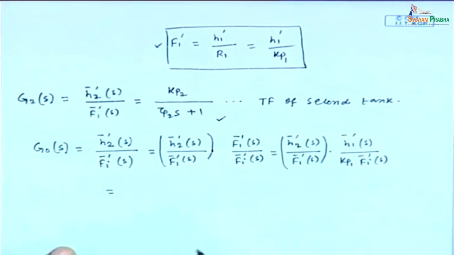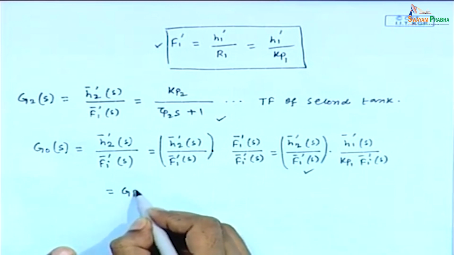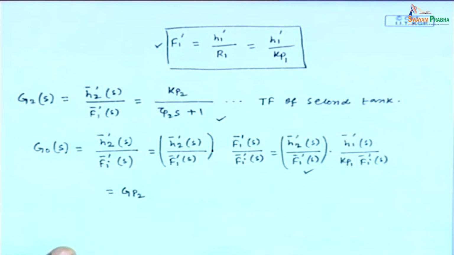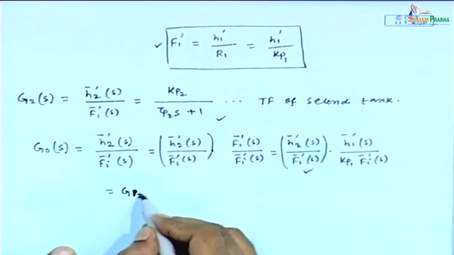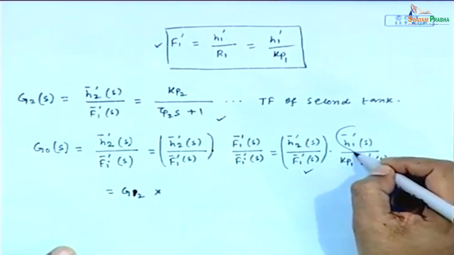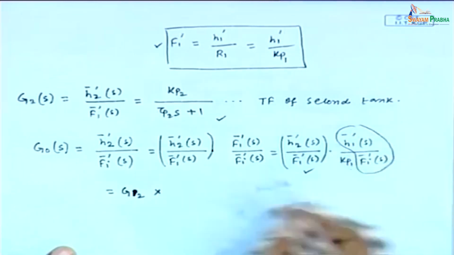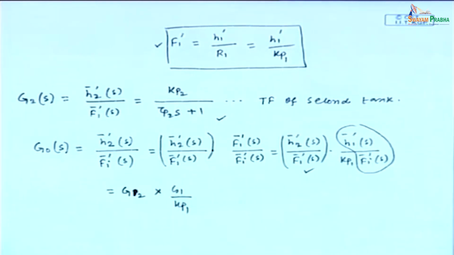So, the first term, this one, represents Gp2, not Gp2, that is Z2, and multiplied by this, which is Z1 divided by Kp1.